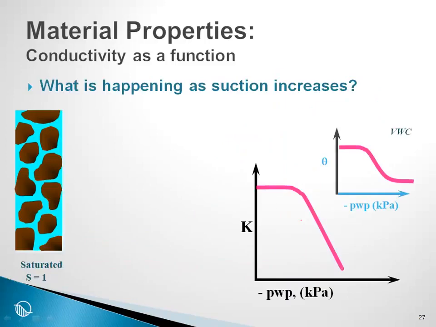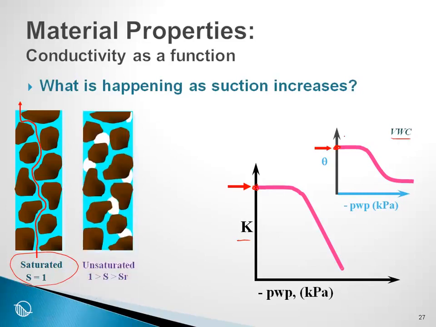To illustrate this a little further, we have some graphics here in the context of the volumetric water content function and the conductivity function. Once again, here we have a sample that is completely saturated. And you will see that there is a path through liquid water, and under these conditions we have K sat here, and we have the porosity.